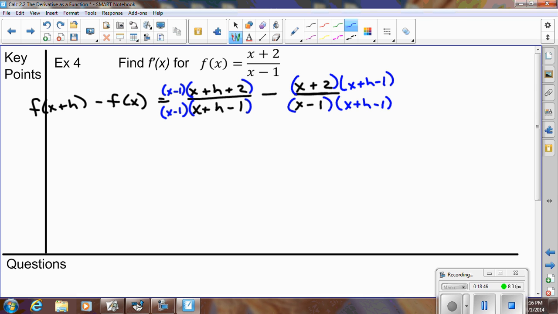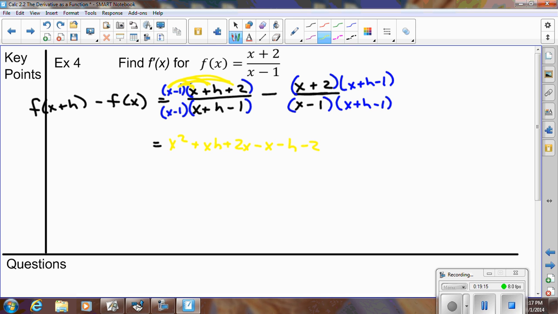Okay, now from here we will need to do some more foiling, some more expanding. All right, on the left we'd have, I'll do this one in yellow, x times x is x squared, x times h, x times 2, negative 1 times x, negative 1 times h, negative 1 times 2. Okay, we've got all those.